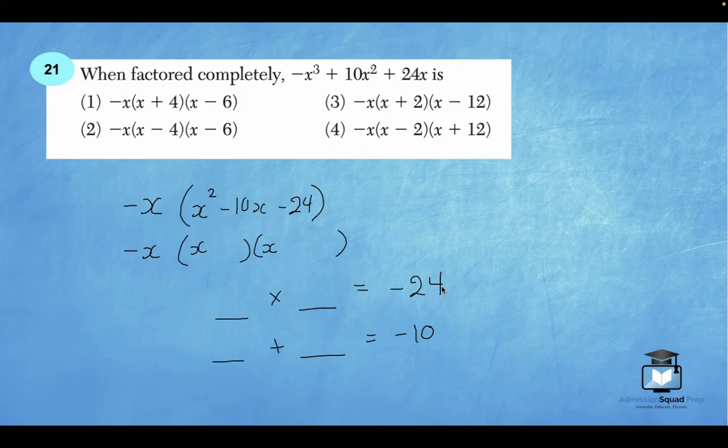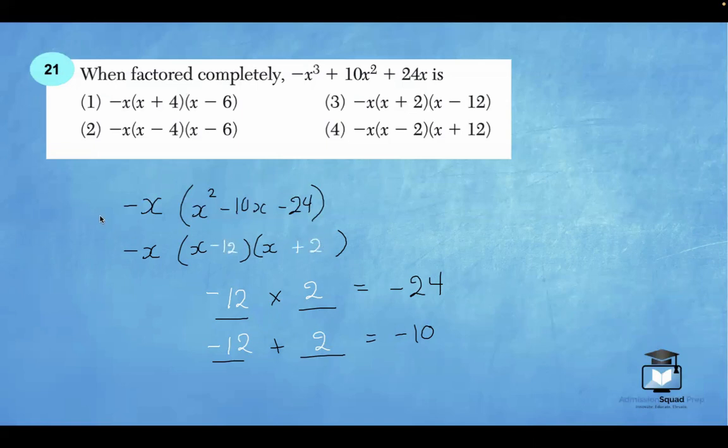So I'm thinking, what if we had negative 12 times 2? We know that in order to get a product that ends up being a negative number, one number needs to be positive and one number needs to be negative. And we know that when we're adding, we're ending up with a negative number, so the bigger number does need to be negative. So we have negative 24 as our product, and negative 12 plus 2 is certainly negative 10. So we have x minus 12 and x plus 2.